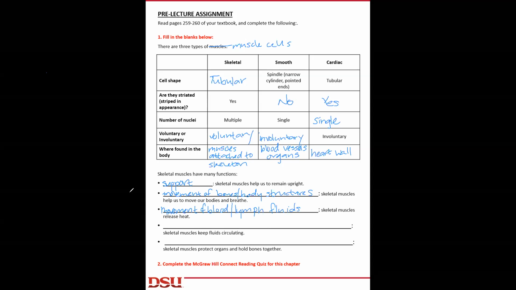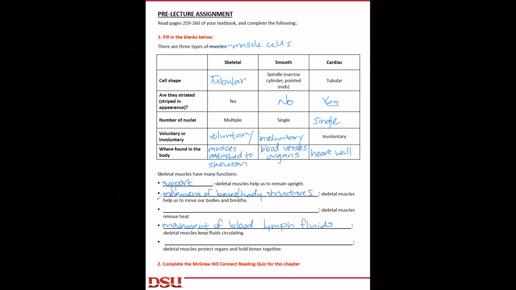Okay, protection. Oh, you know what, guys? Did I miss this? I totally did. I wrote it in the wrong spot. Fine, I'll just rewrite it. Movement of blood, lymph fluids. All right, this one, if I paid more attention, is about releasing heat.